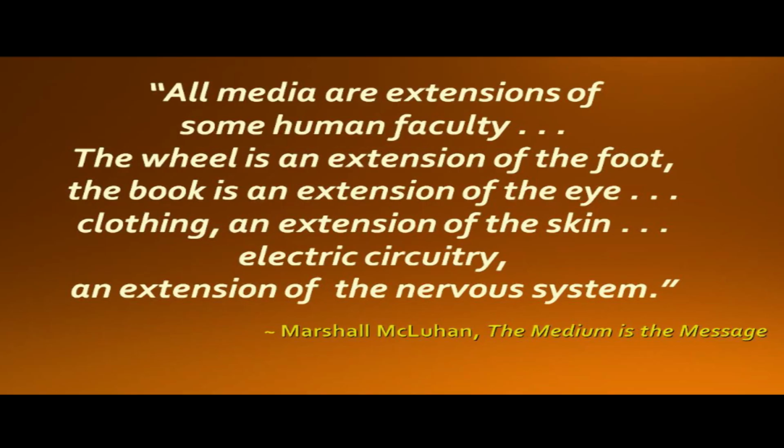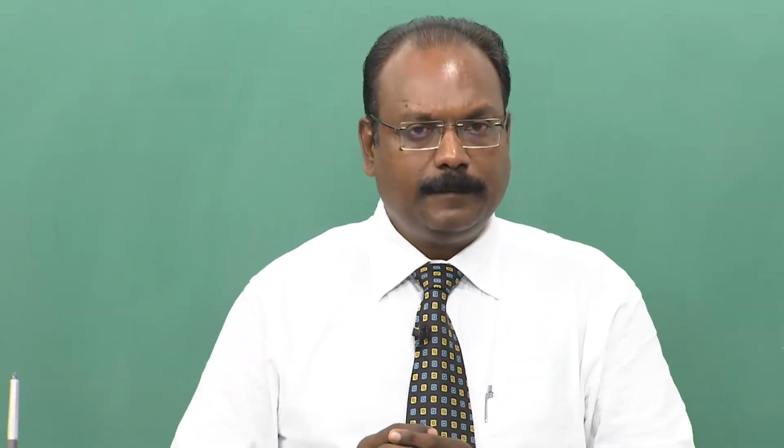Quote from Marshall McLuhan: all media are extensions of some human faculty. The wheel is an extension of the foot. Okay, from the wheel we have car, or bike or even cycle. He says that that itself is an extension of the foot. The book is an extension of the eye. Okay, we have extended the book. So, now you can understand, now we have e-books. Then we have monitors, TVs. Now, these are all higher projections of the eye.